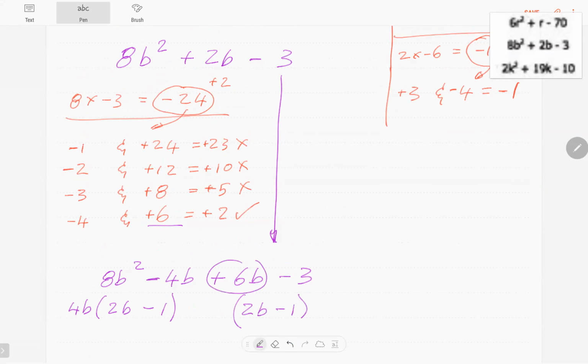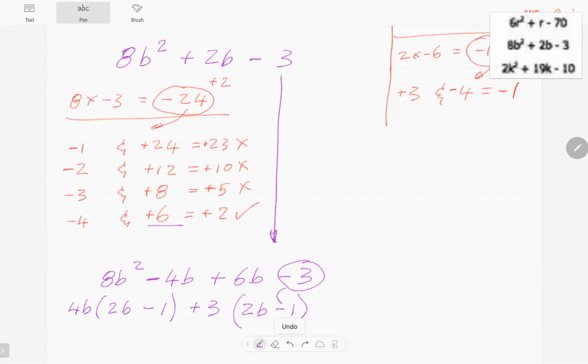And then you look. From the plus 6b, you find a 2b. If you're dividing by the 2b, you must have factored out a positive 3. So the factor out here must be a positive 3. You can also use this to check: minus 3 divided by minus 1 is positive 3. So that's how you can know what is supposed to be there.